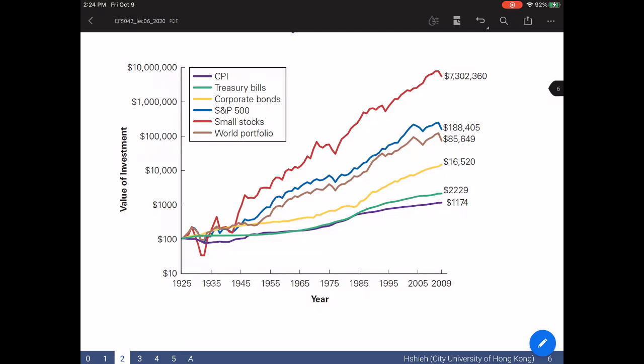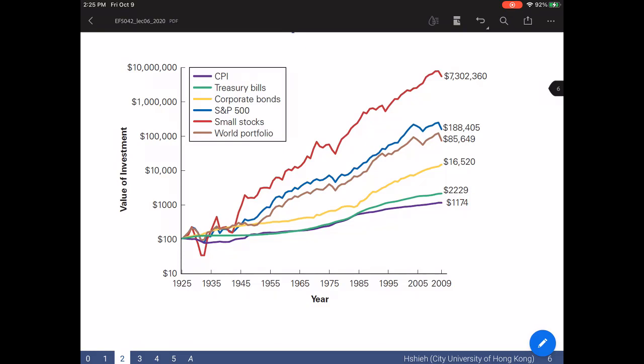So what this graph is essentially showing is a sorting of risk across different assets, and what we see here is an ordering of returns. What's plotted on the x-axis is time from 1925 all the way to 2009, and on the y-axis I'm showing the value of your investment if you were to invest $100 in one of these particular assets.